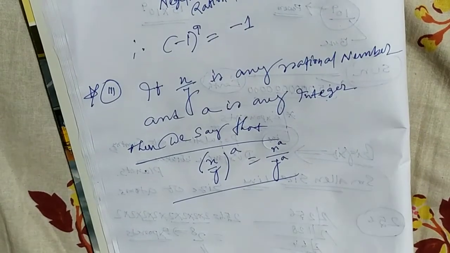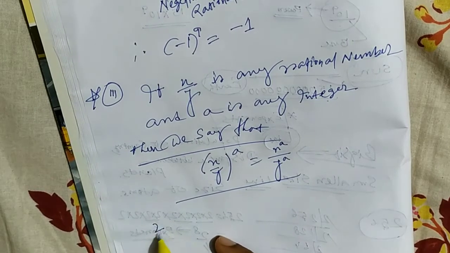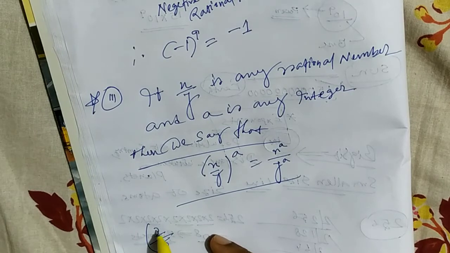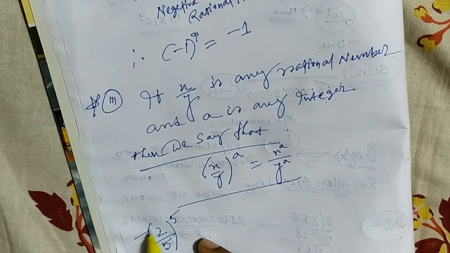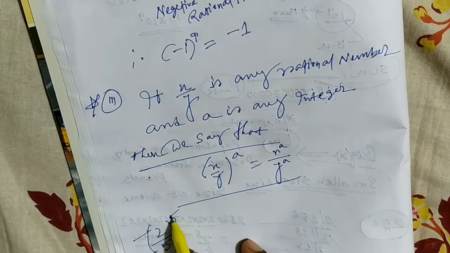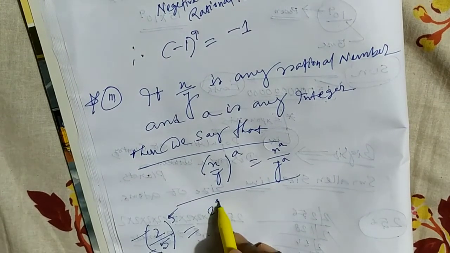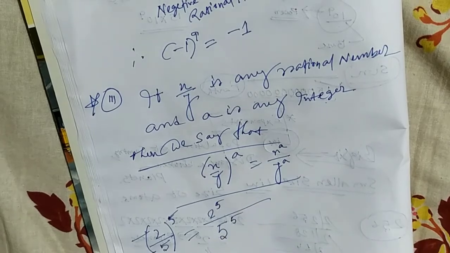For an example, 2 by 5 whole to the power 5. Here 2 is the x, 5 is the y and 5 is the integer. So it is 2 to the power 5 by 5 to the power 5.